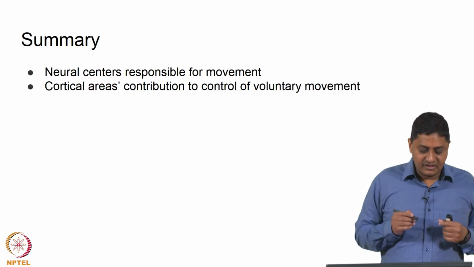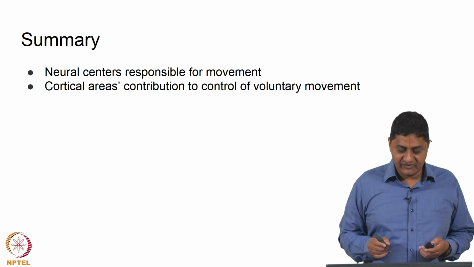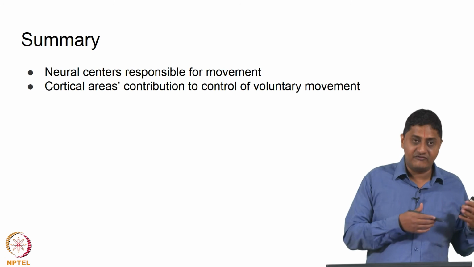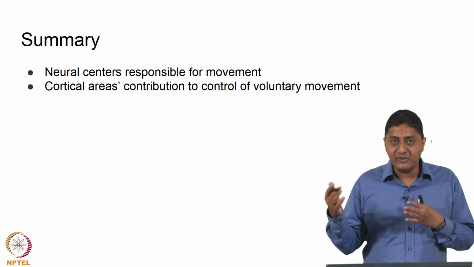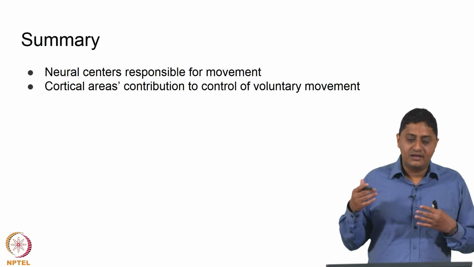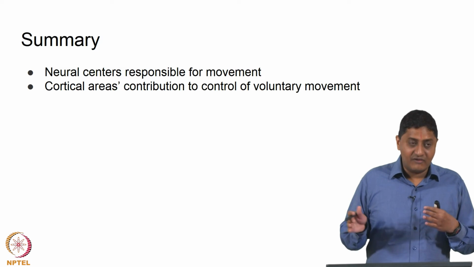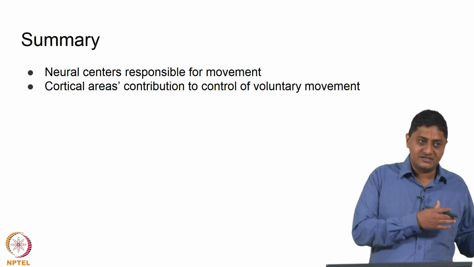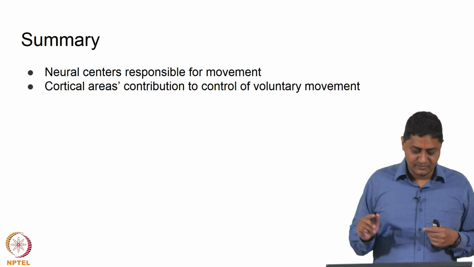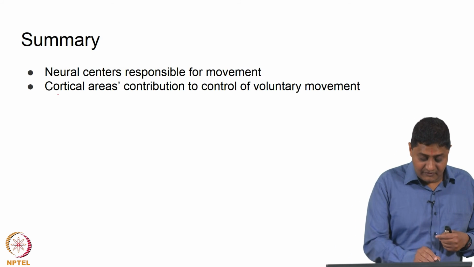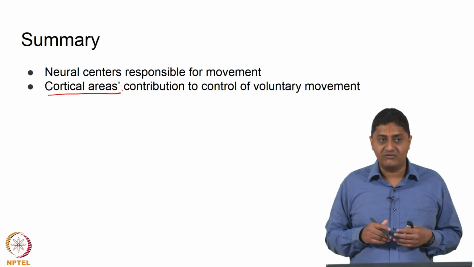So, what have we learnt in today's class? We have learnt what the neural centers responsible for movement are, we have asserted what we have learnt so far and what we will be learning. We will be looking at primary motor cortex, premotor cortex, cerebellum and basal ganglia in the future classes. We will not be looking at association cortices and supplementary motor area, we have already learnt the spinal processes. And we have seen how cortical areas could contribute to the voluntary control of movement.